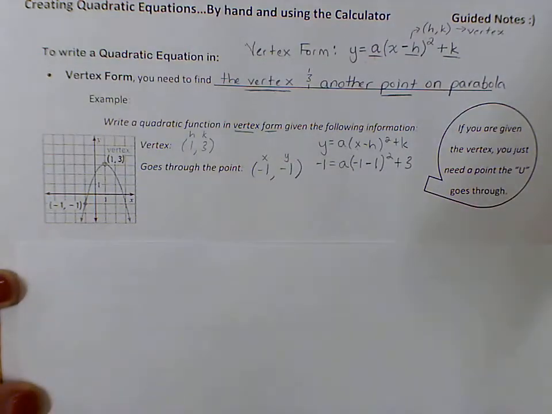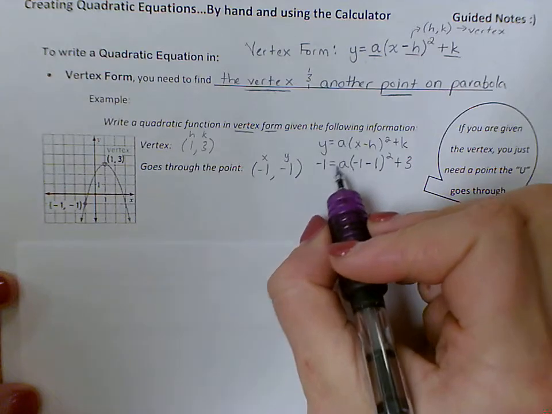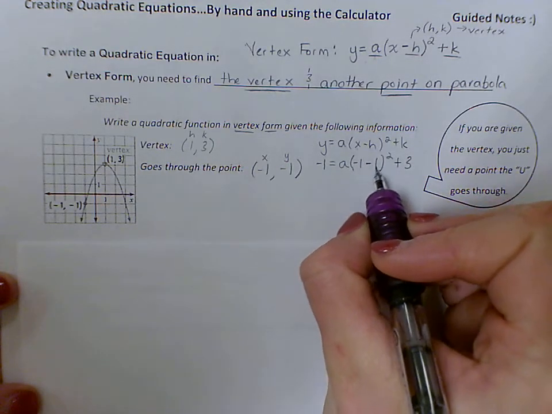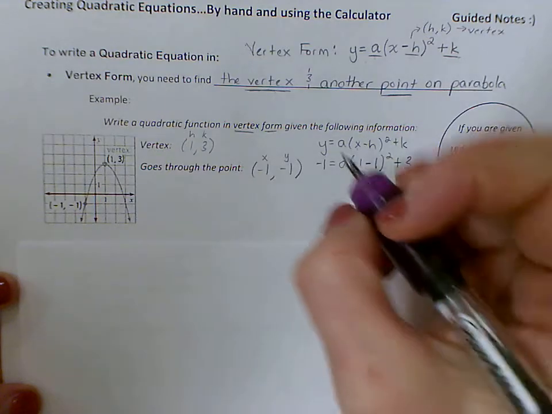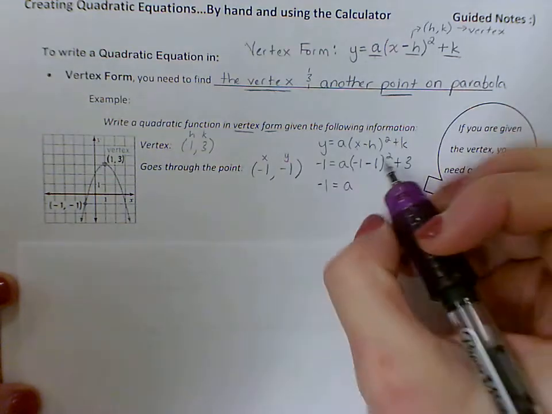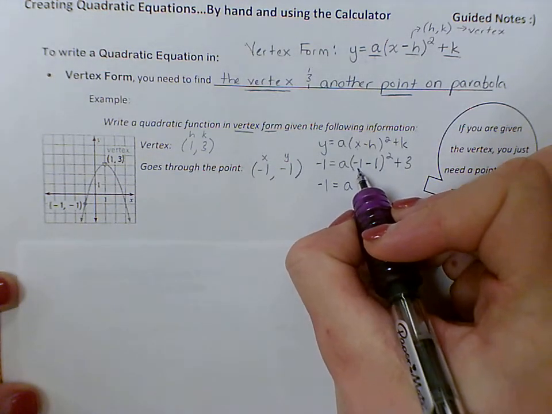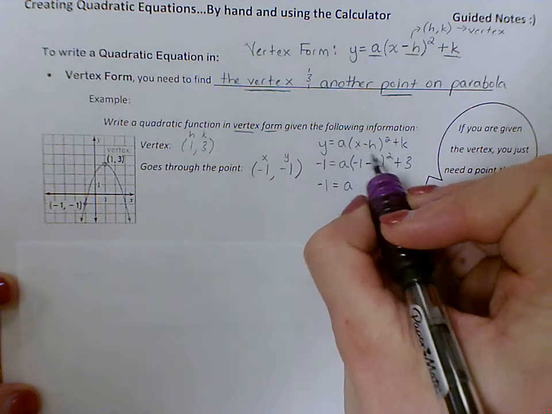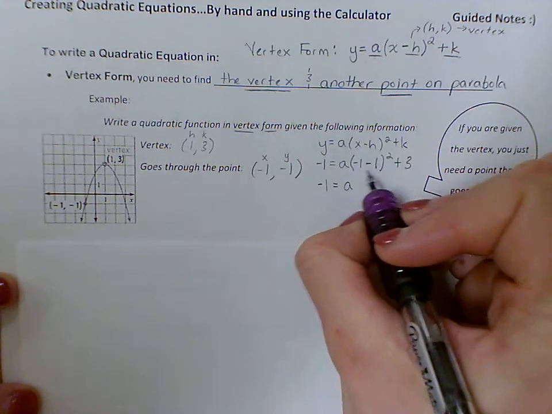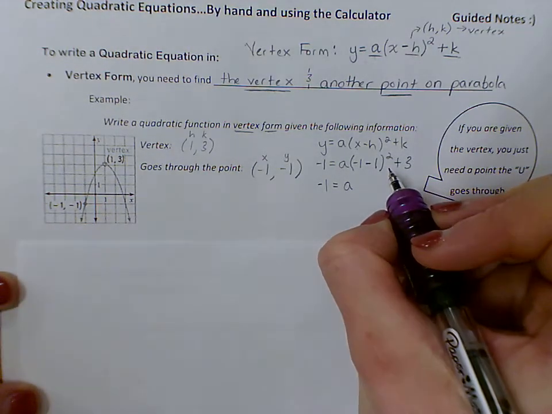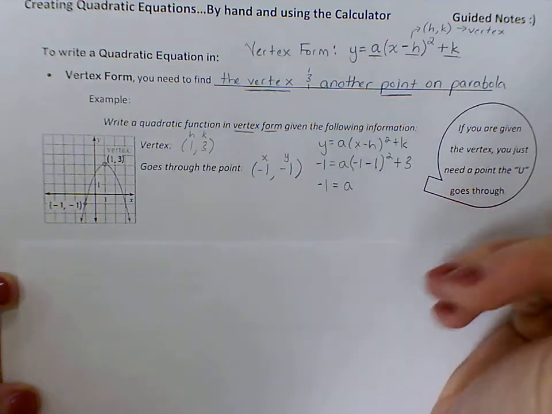Okay, so now from here I have to use what I know about solving equations, and I'm going to solve for a. Remember order of operations: do inside the parentheses first and then the exponents. So this -1 is going to come down, my a is going to come down, and I'm going to do this part. So I've got -1 minus 1, which is -2, and then I'm about to square it. So -2 squared is -2 times -2, which gives me 4.